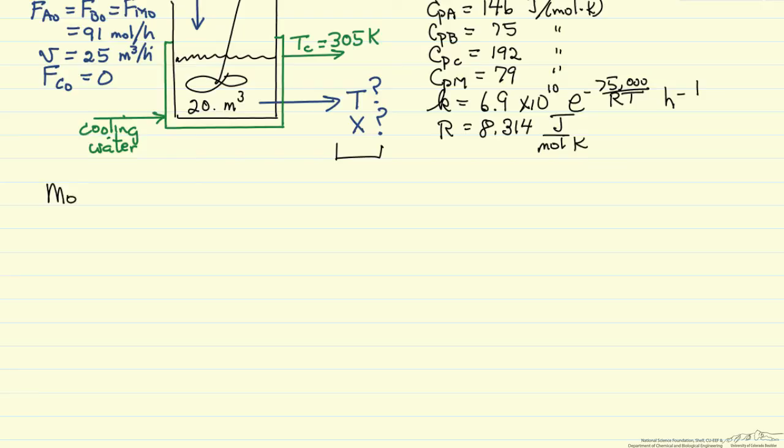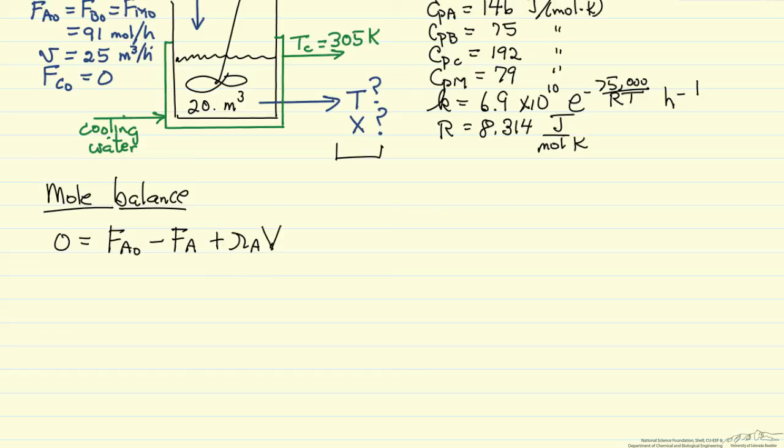So first let me look at the mole balance, and I'll do the balance on A, the reactant, steady state, no accumulation. A flows in, A leaving is what we don't know. Then we have a rate of reaction per volume times the volume. So we can write this, since we want to calculate the conversion as a function of temperature, FA0, that's a constant.